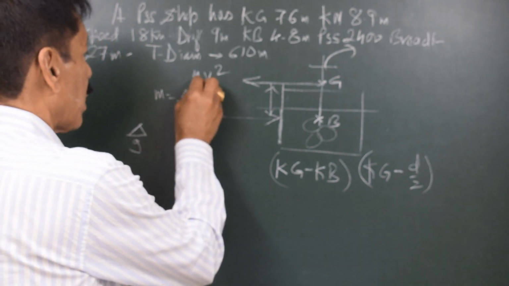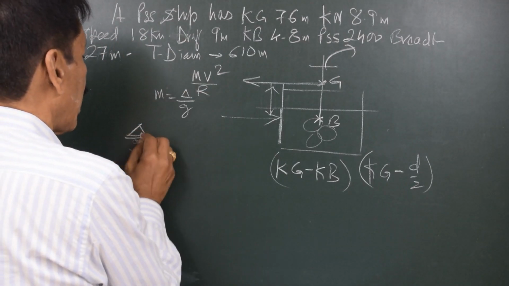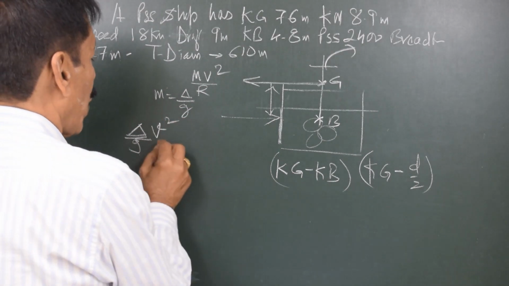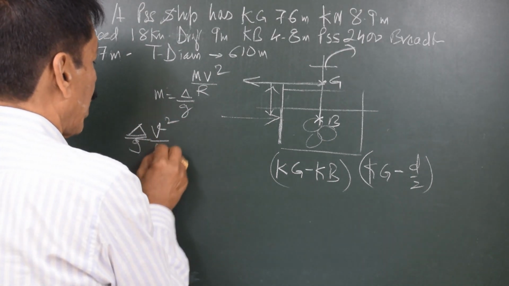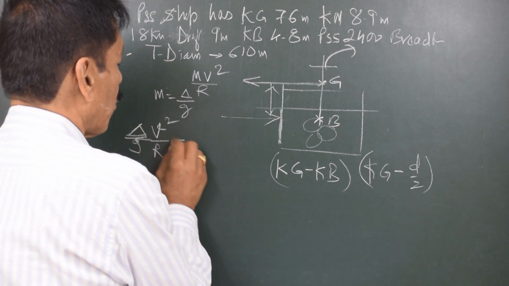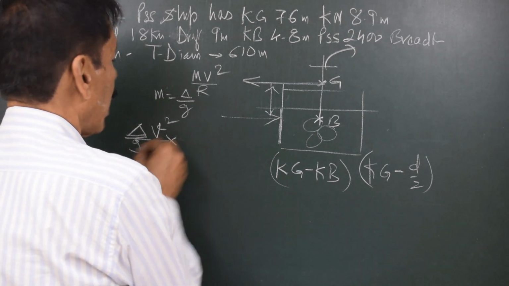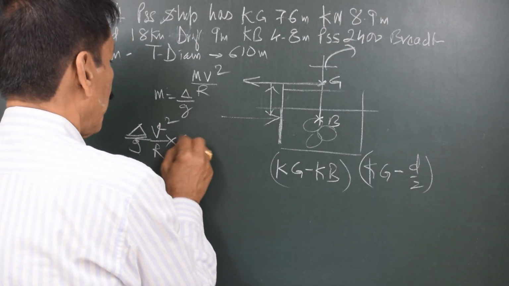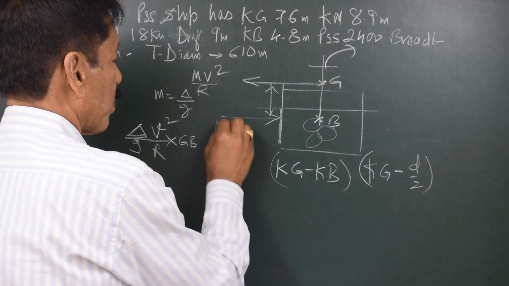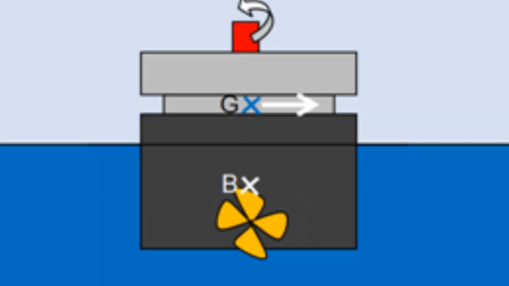So in place of m I can write delta by g, and v square, with v in meters per second, divided by r. This is the centrifugal force, and multiplied by this distance GB, it is the upsetting moment.